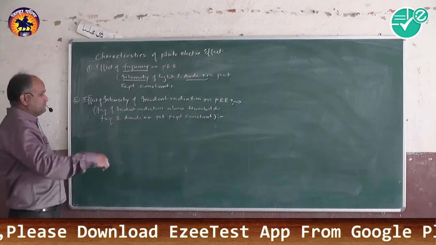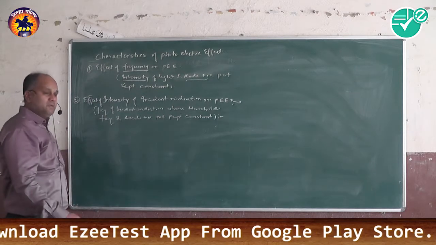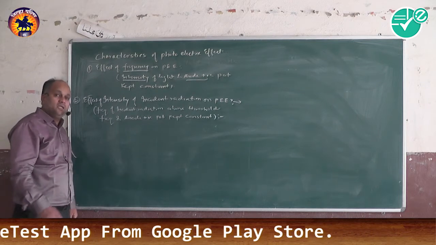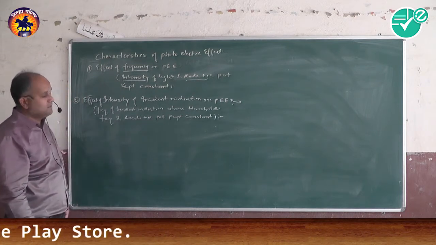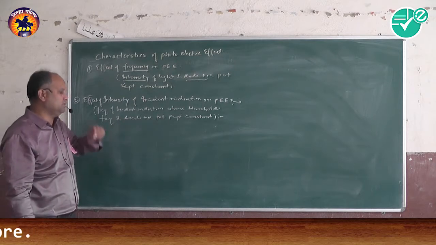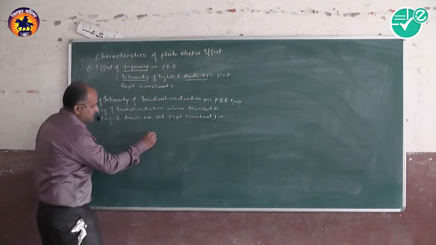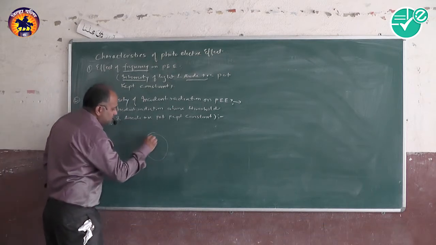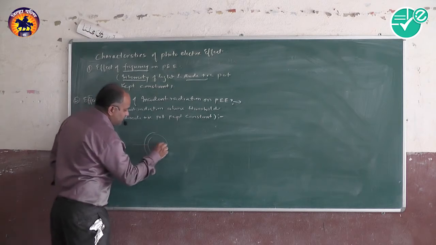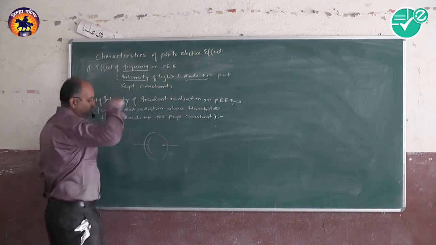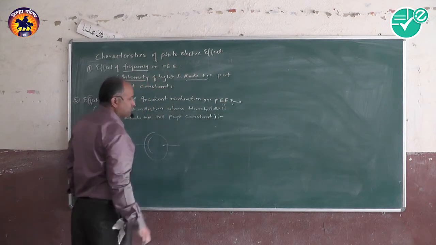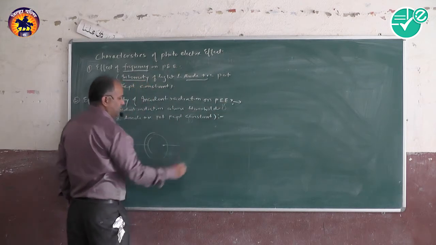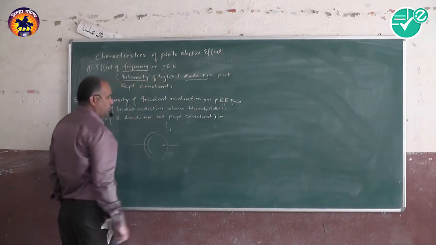Now look here, what is meant by intensity? It is the number of radiations falling per unit area. Let us consider this photocell. Here I am keeping a bulb.